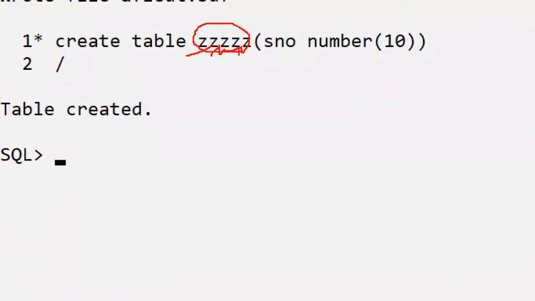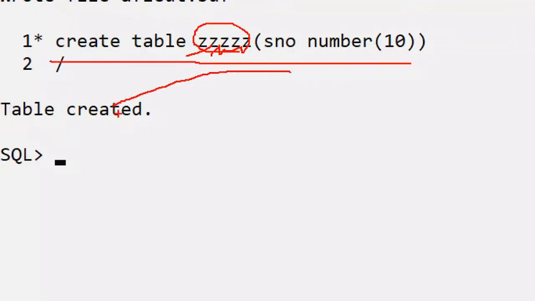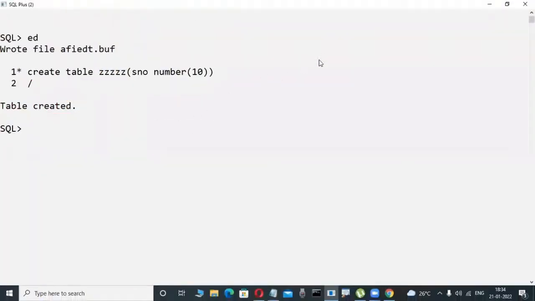Z is the name I am giving. The table I'm creating is only in my Oracle database, or SQL Server database, or MySQL database. Table is created. Slowly observe it here. This table is created.